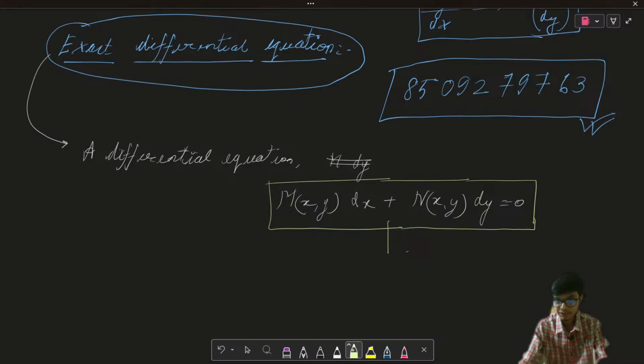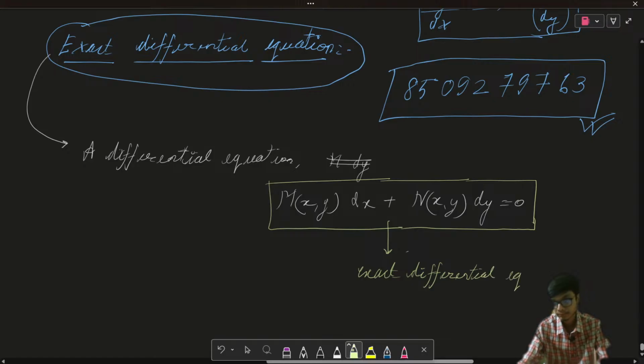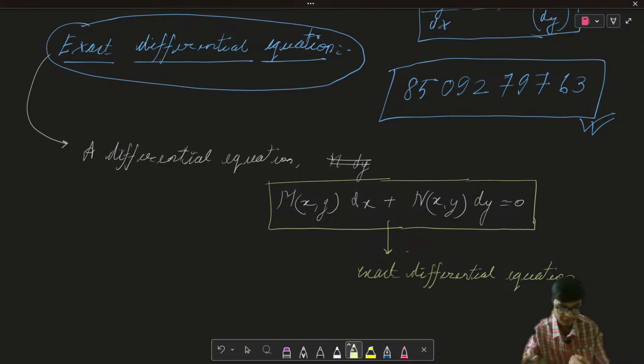Now this differential equation is said to be an exact differential equation of some function u.